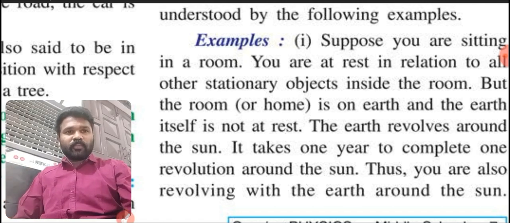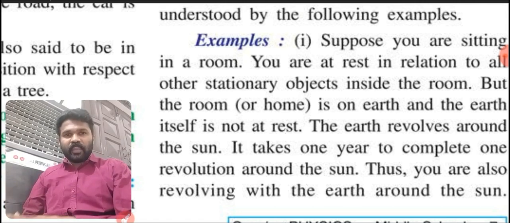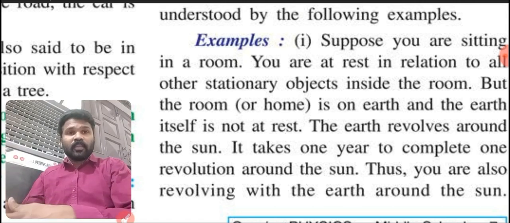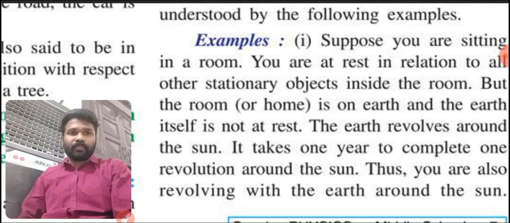But the room is on earth. Actually this room, I, and these objects are where? It is in earth itself. Clear? But the room is on earth and the earth itself is not at rest. Why?